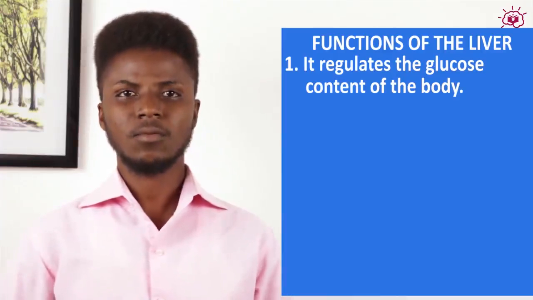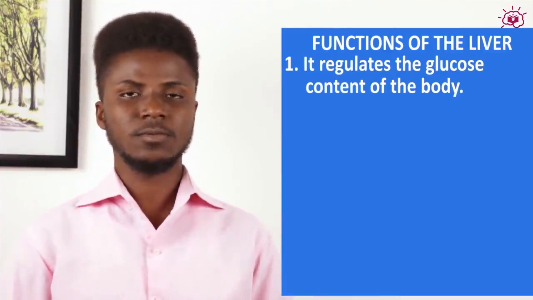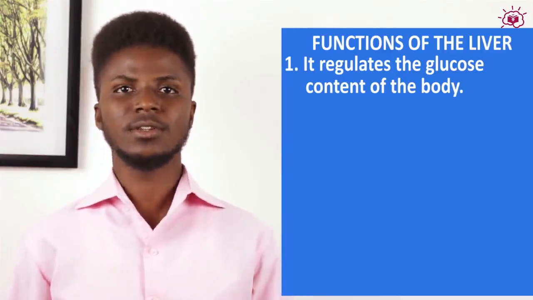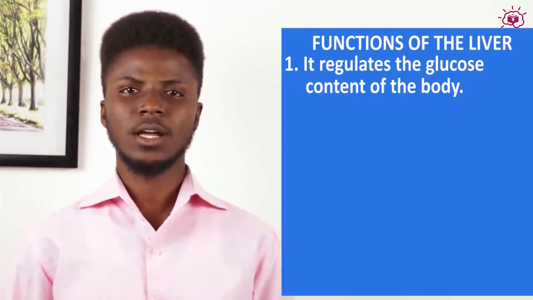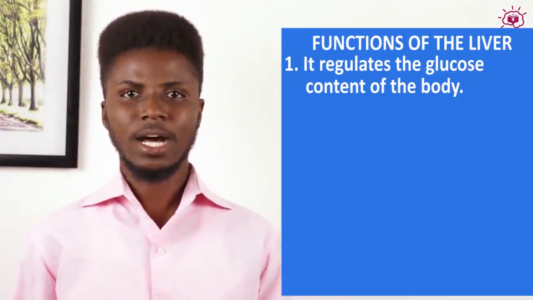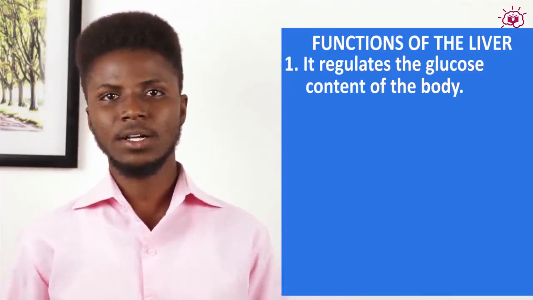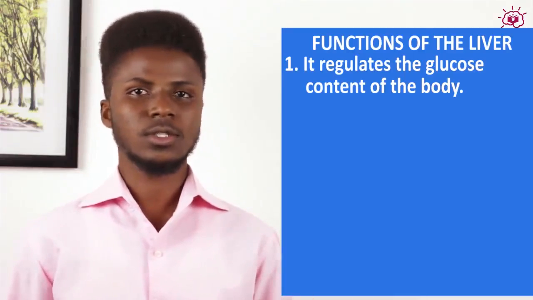Meanwhile, when sugar concentration in the blood is lower than it should be, the liver stimulates the release of the hormone known as glucagon. And what glucagon does is that it reconverts this fat and glycogen back to glucose so that the body can use up the glucose.